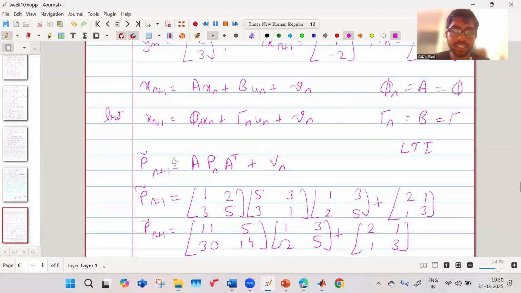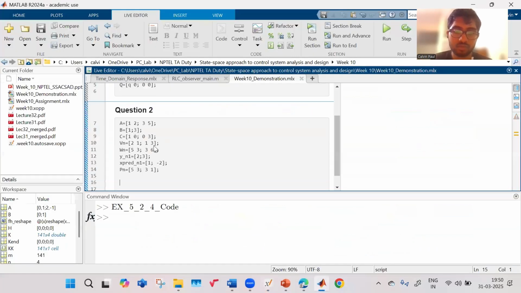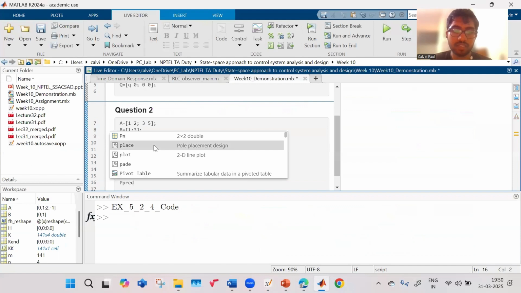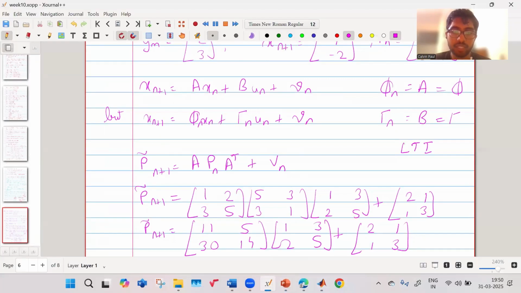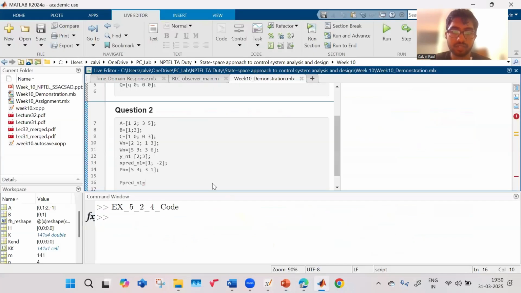Now let us find P tilde, that is P predicted n plus 1, which is A into Pn into A transpose plus Bn. Let us see what it comes out to be.